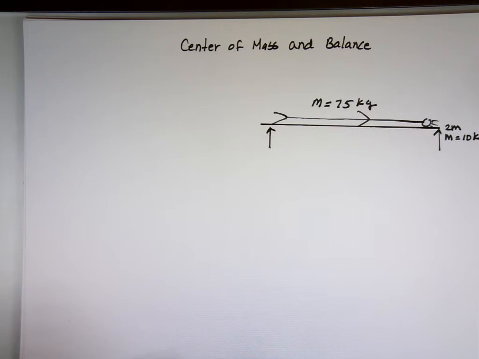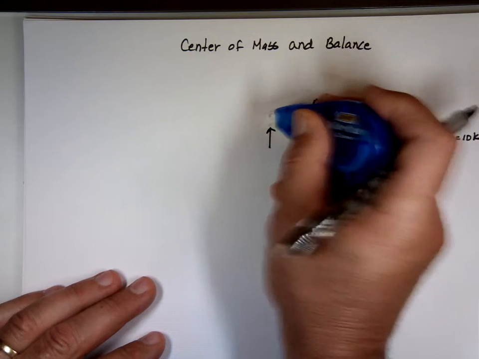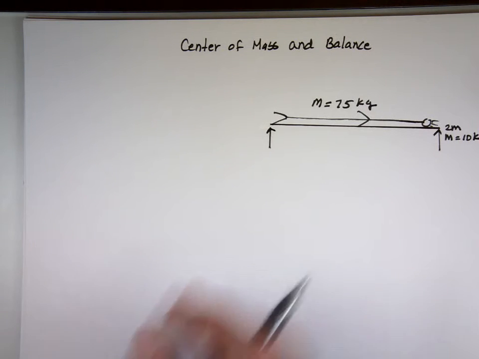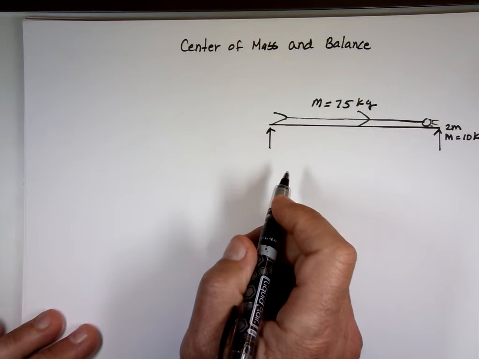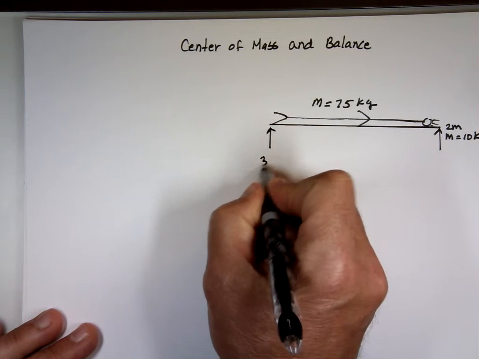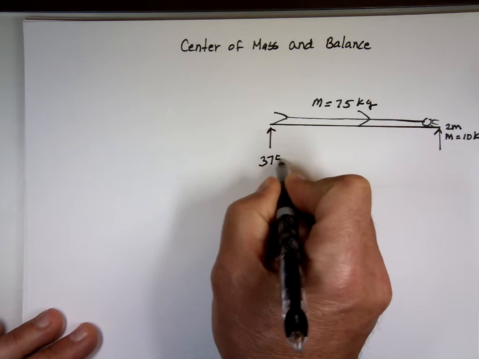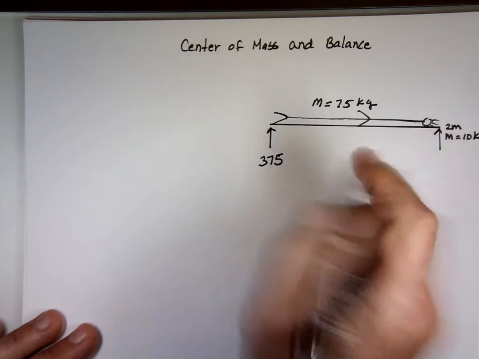We read the numbers on the scales. I'll just throw some numbers here. This is 375. It reads 375 Newtons.